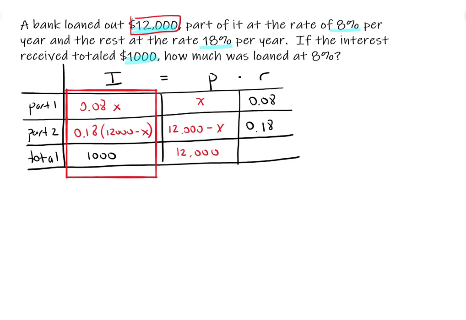Alright, so I'm going to use this information to write my equation. Get 0.08x plus 0.18 times 12,000 minus x is equal to 1,000, because we're able to add up the different interest rates earned.